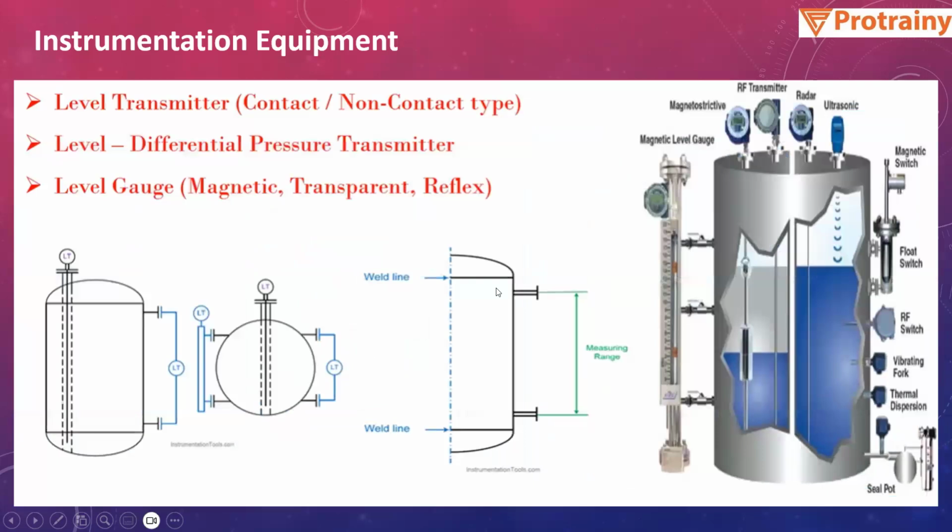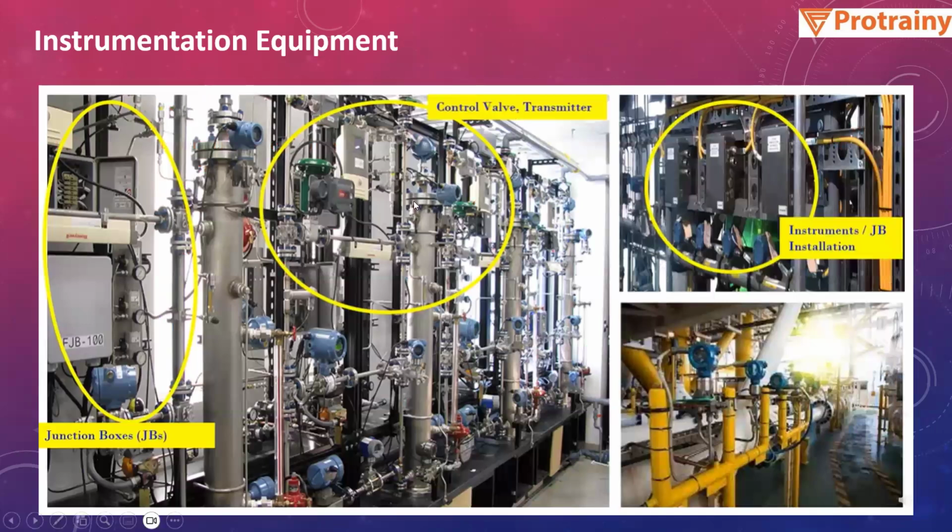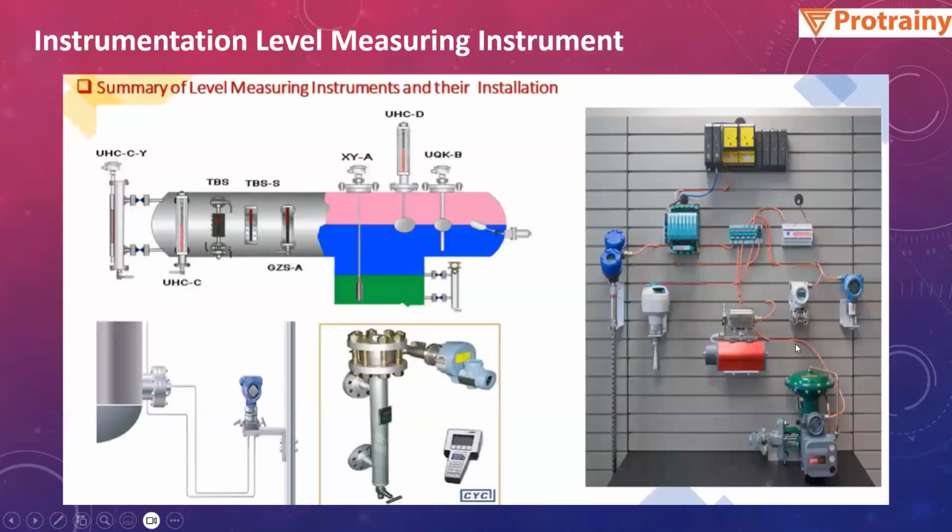We have the level transmitter, the level differential pressure transmitter, and the magnetic level gauge, transparent and reflex. These are the various types of level gauges. Then we have control valves. You can see over here we have the control valves and instrument junction box. This is also a diagram of the various instruments attached to an equipment which will be giving you the reading.